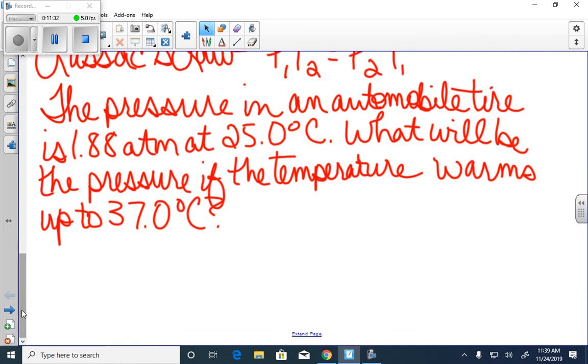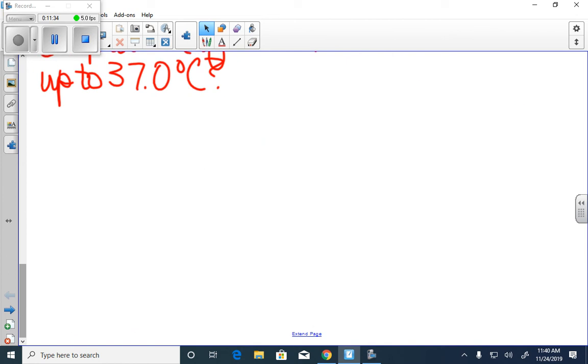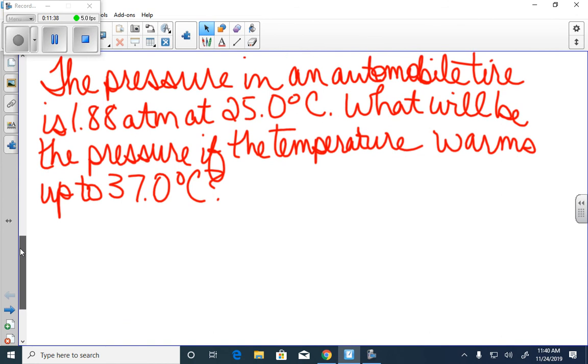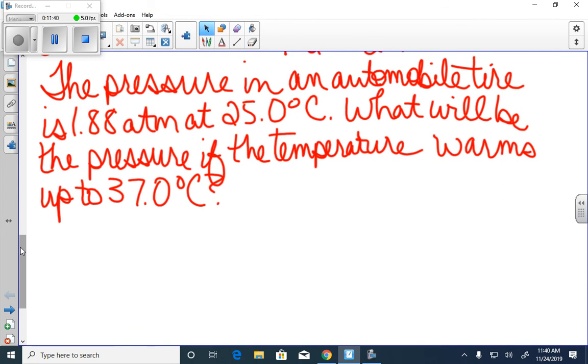In the racing industry, this is a huge thing, trying to figure out how much heat they can generate and get that pressure up but not burst the tire, and how to make those tires that way.